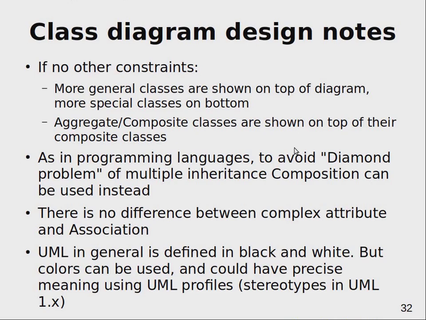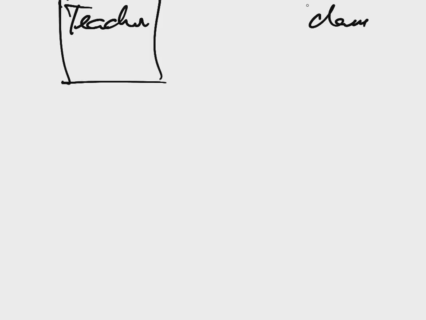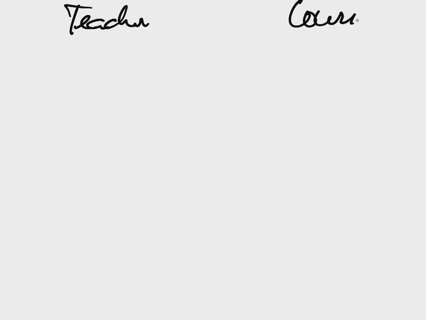What else I wanted to say? More details about associations. So we have some class, let's say class teacher and class course.